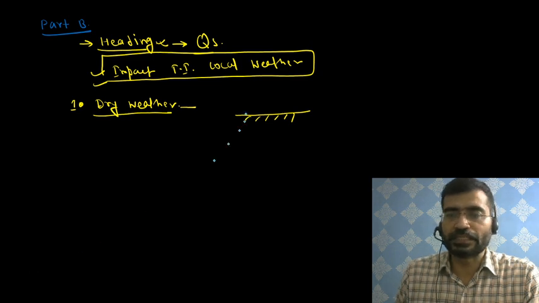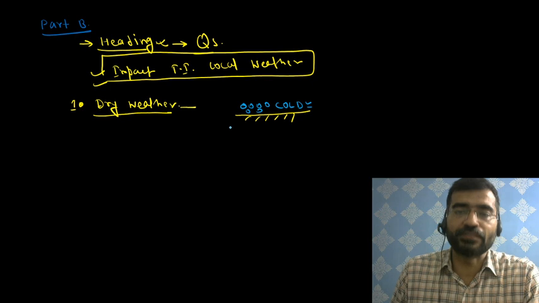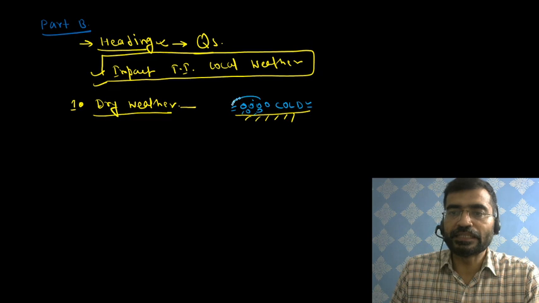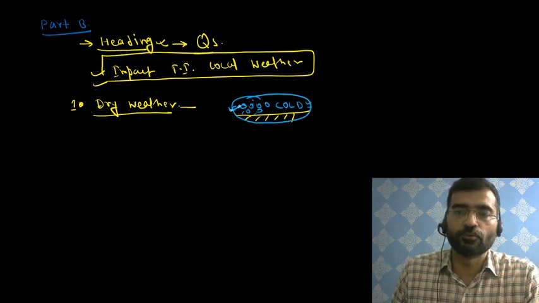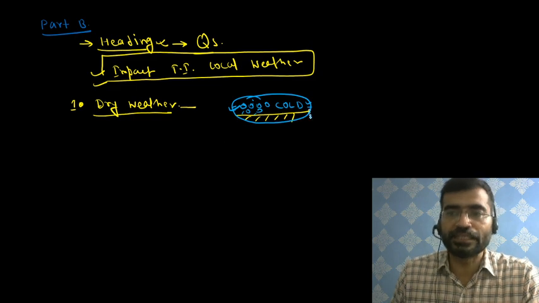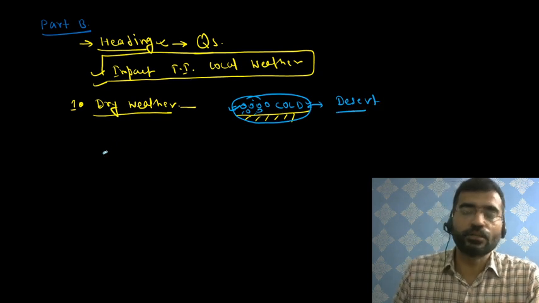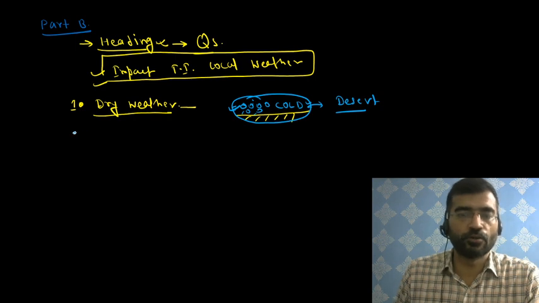Cold air, being heavy and stable, does not allow water vapor to move upward. In this way, cold air may increase the dryness, and a prolonged inversion may lead to the formation of desert. So this is the dry weather and formation of desert.